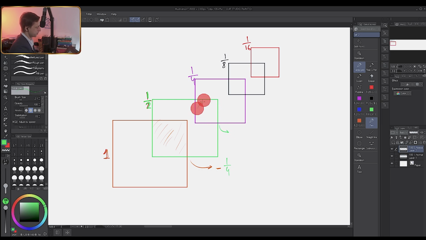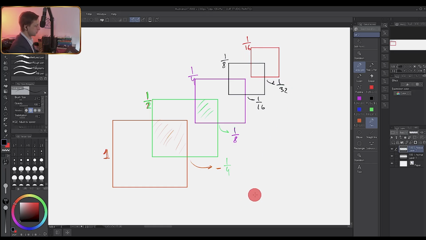Well, it is the square with the side half of 1 over 4. It will be 1 over 8, this small square. And what is the side of this small square? It is a half of 1 over 8. It's 1 over 16. And what is the side of this small square? It is the half of 1 over 16. So it's 1 over 32.